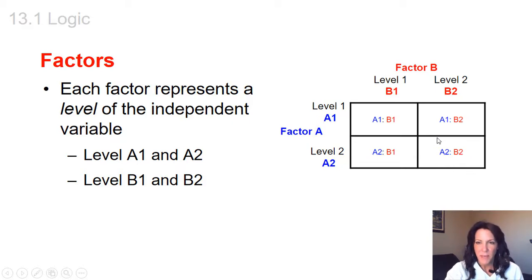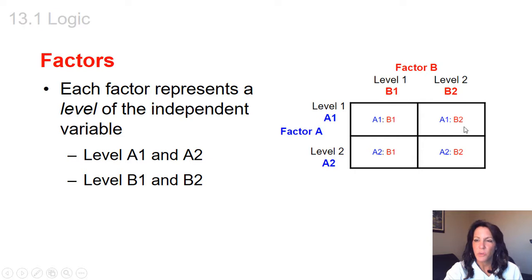So we have basically in this study 4 different groups. The first group is a combination of A1, B1. So level 1 of factor A and level 1 of factor B. The second group here are people, maybe we'll say people, that are in the A1 group but also in the B2 group.